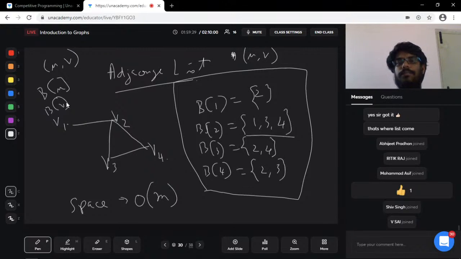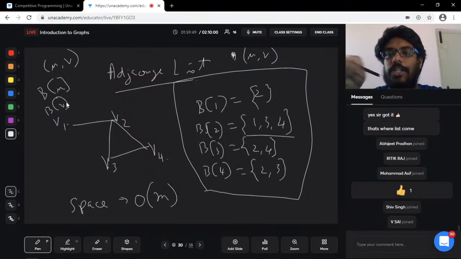In particular, adjacency lists you will see are very useful in DFS, which we don't have time to get into now. Tanuj will start with DFS, and you'll see that adjacency lists are critical for DFS because you will want to look at all the people who are adjacent to you.